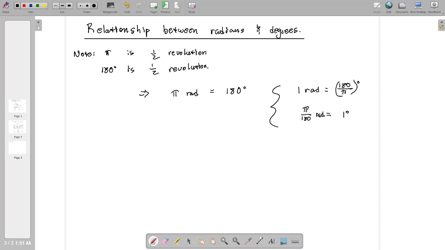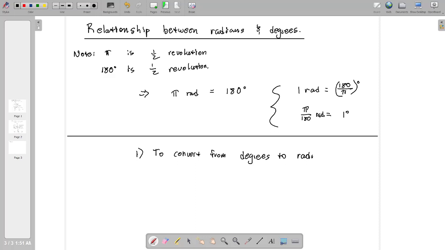These are actually exactly the conversions that we use. And it should make sense because we stepped through it step by step. So if we wanted to convert from degrees to radians, we multiply by pi divided by 180 because I have 1 degree here is equal to this many radians.